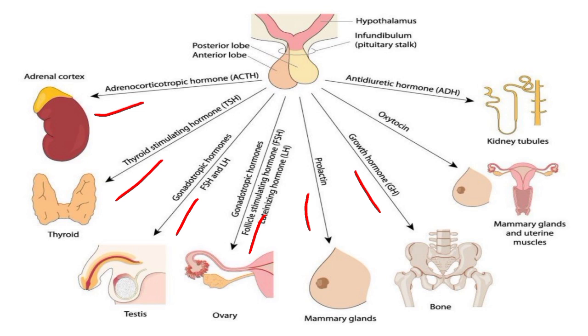These six hormones are released by the anterior lobe of the hypothalamus. And from the posterior lobe, it releases oxytocin and antidiuretic hormone, which is also known as vasopressin.